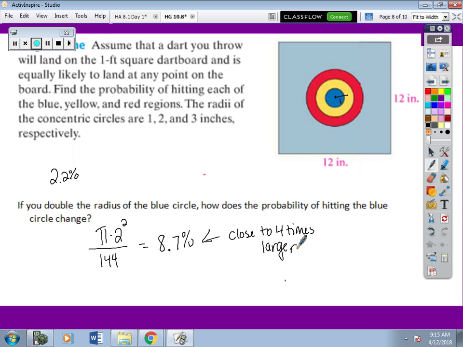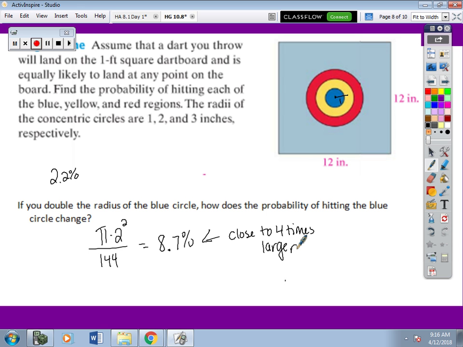If you make the radius 2 times as big, why doesn't the probability just get 2 times bigger? Why does it get 4 times bigger? Because you're squaring it. Okay, 2 squared is 4. If you were to triple the radius, the probability would be multiplied by 3 squared, which is 9. So the relationship is because of the squaring.